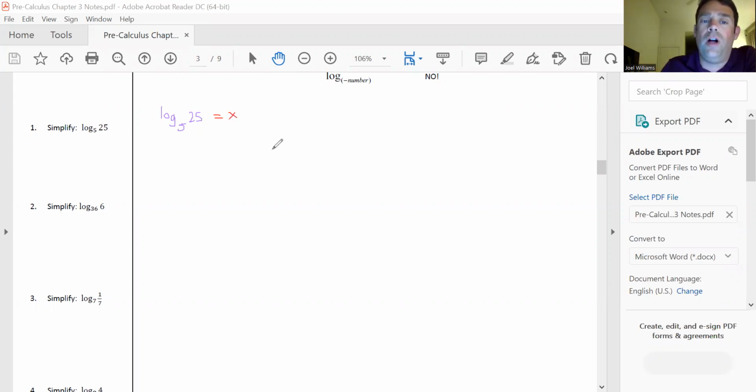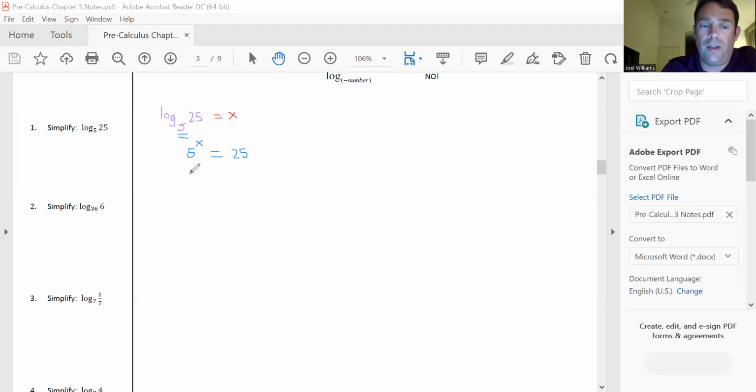We're going to switch from log form to exponential form. Whatever the base is, the base will always be the base. So the base is 5. Then my number and my variable switch. So instead of 25 with the base, when I switch to exponential form, the x goes with the base. So 5 to the x equals 25.